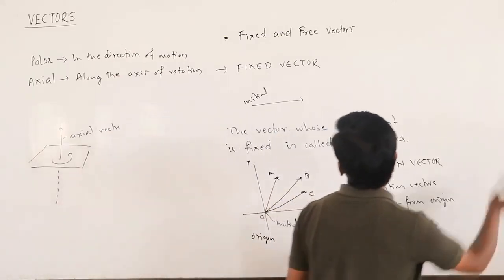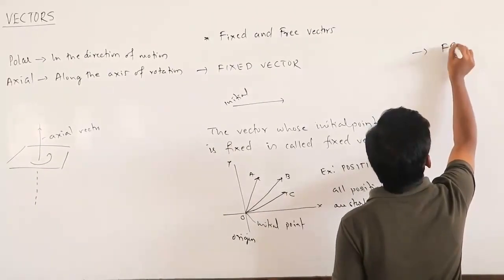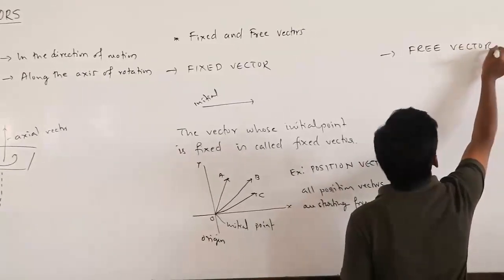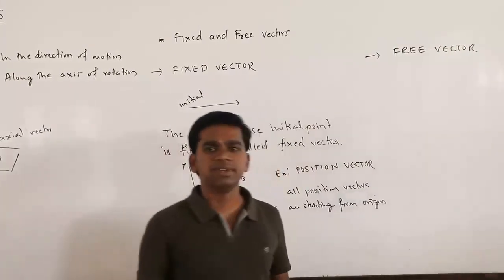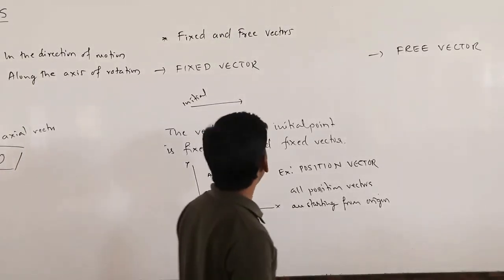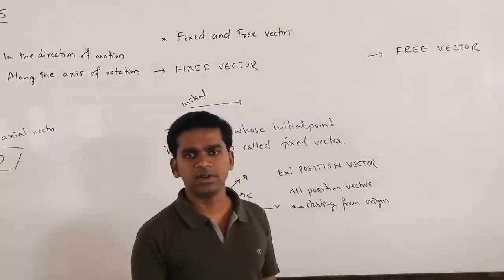Similarly, if I take free vectors, a free vector doesn't mean the vectors which are free of cost or something. Okay, so what is the free vector? A free vector is one whose initial point is not fixed, it is changing.